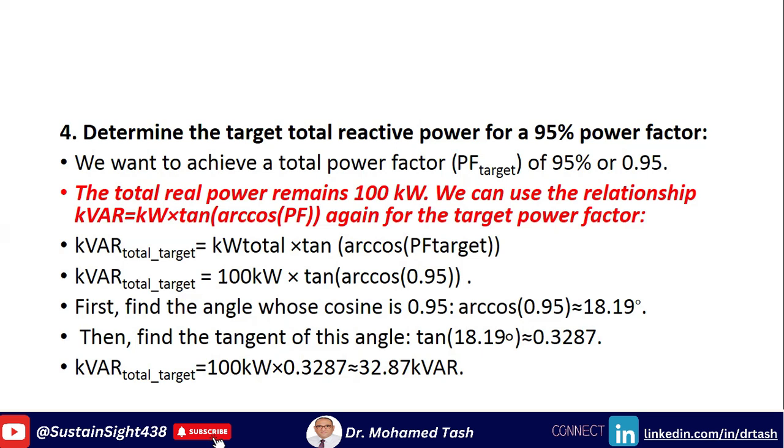So the kVAR total target will equal the total real power, 100 kilowatt, multiplied by the tan of arccos 0.95. Again, we need to find the angle whose cosine is 0.95, and it will be 19.80 degrees.